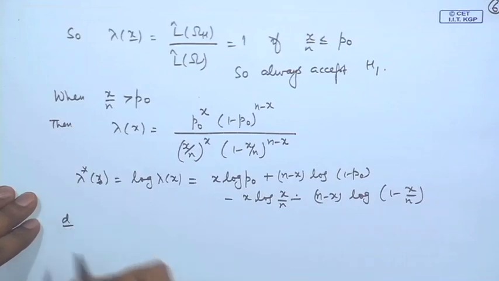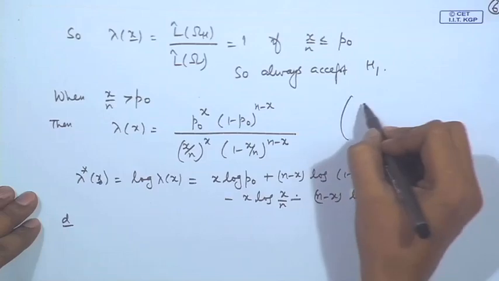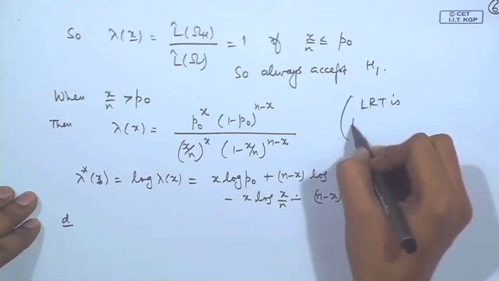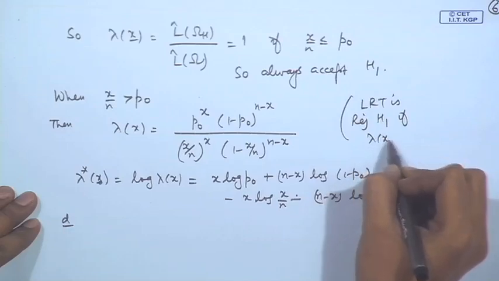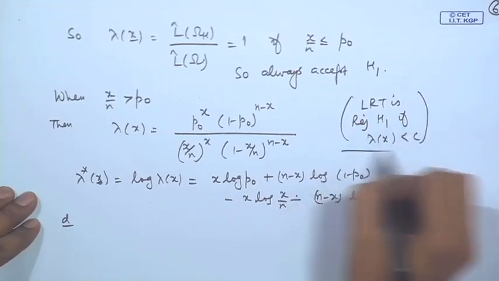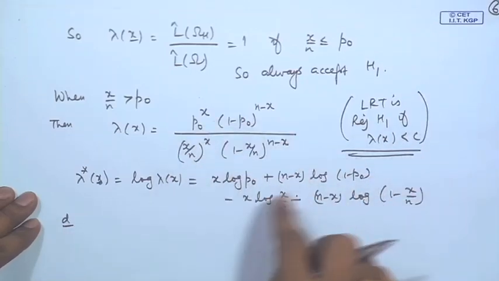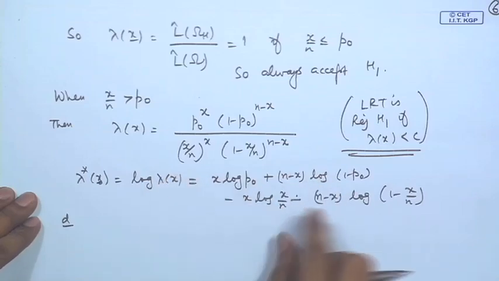So, what is the behavior of this? Because LRT is reject H 1 if lambda x is less than c. Okay. Now, if I write that in terms of x, what happens? So, we need to analyze the behavior of this.